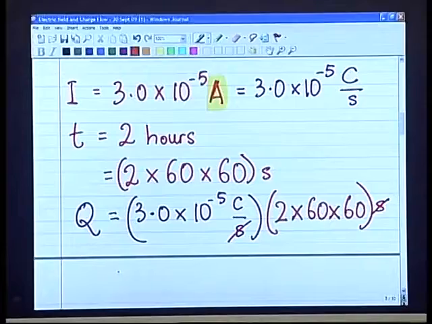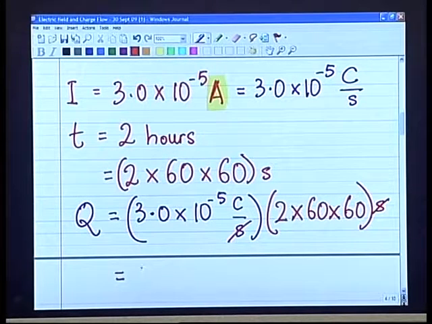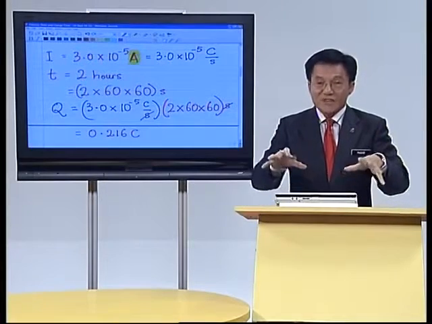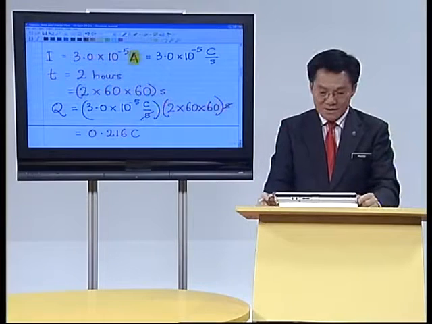You use it, check it a few times, do your checking on the calculator, and you will be able to get your answer. So your final answer will be 0.216 coulomb. All right. So this is the final answer for this question.